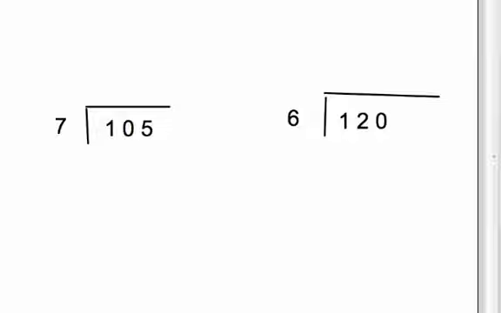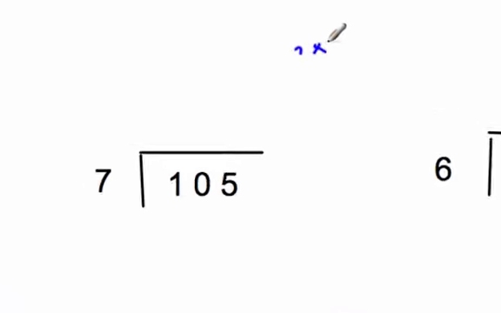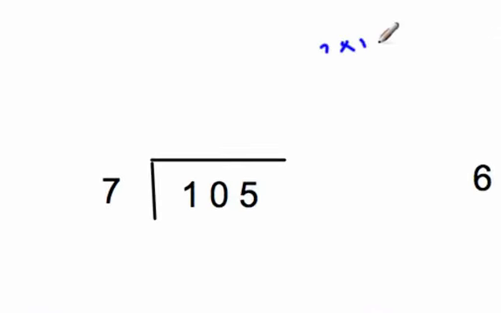So if we have a bigger problem, we call these long division problems. I don't know why they call it long. I guess you have to do a little bit more work. But we look at the 7 here, and we know 7 times 1, that gives us 7. And then 7 times 2, that gives you 14. So 7 goes into 10 one time.